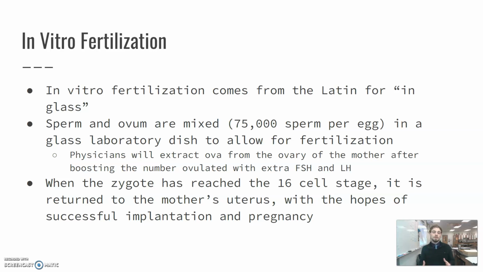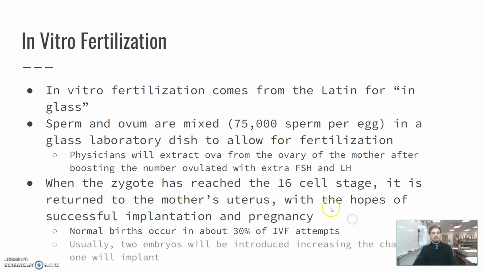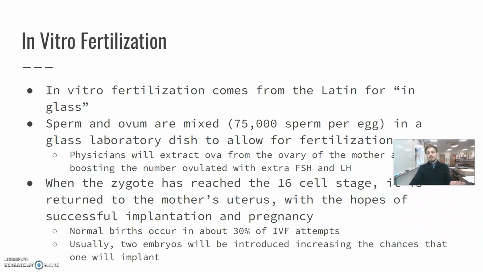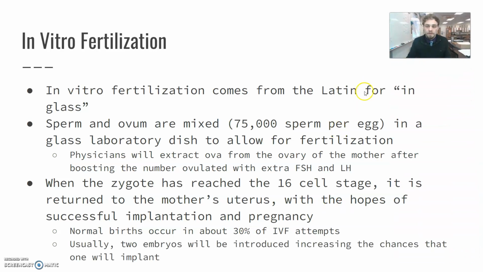They're going to be allowed to grow to the 16 cell stage. And then it's going to be introduced to the uterus in hopes of implantation and pregnancy. Typically, normal births are going to occur in about 30% of IVF attempts, so that means IVF is about 30% successful. That is a much higher number than it used to be, however.